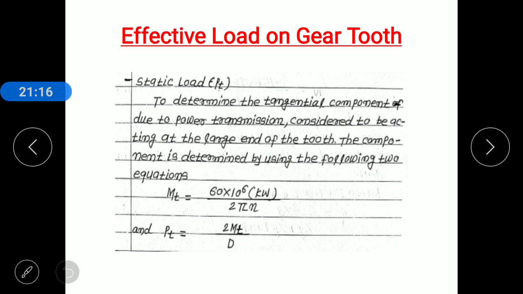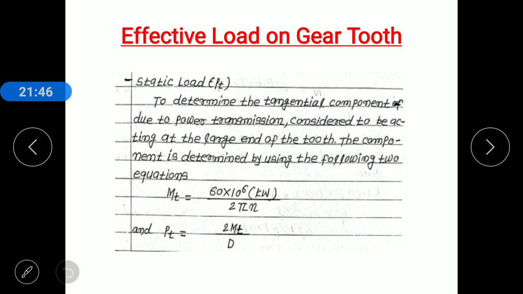Static load, that is the tangential force P suffix T. To determine the tangential component due to the power transmission, considered to be acting at the large end of the tooth, the component is determined by using two equations. Torque Mt is equal to 60 into 10 to the power 6 into kilowatt divided by 2 pi n, and the tangential force is 2 times torque divided by d.